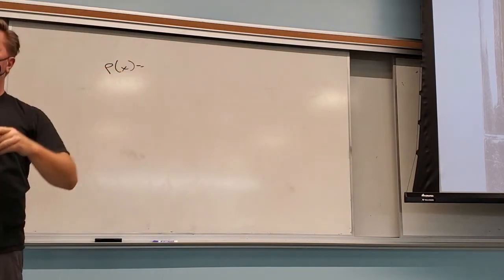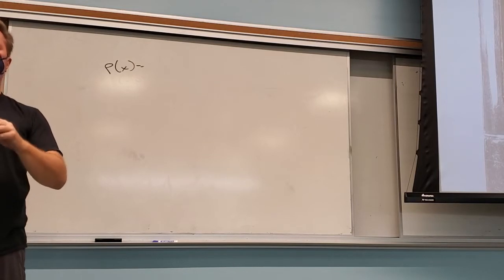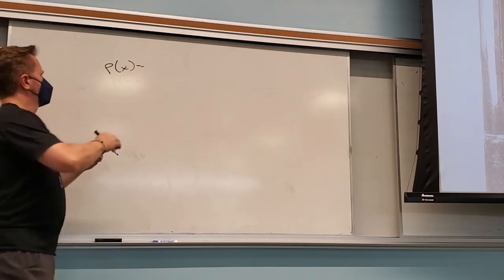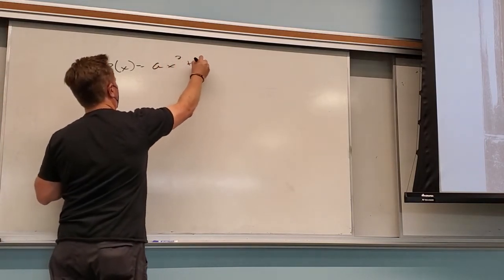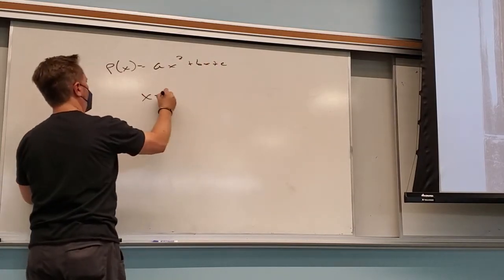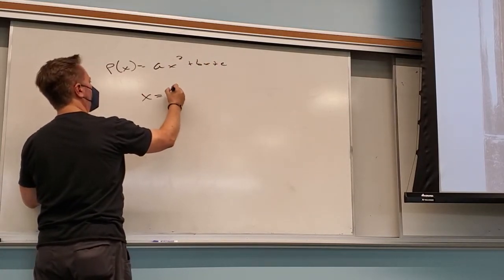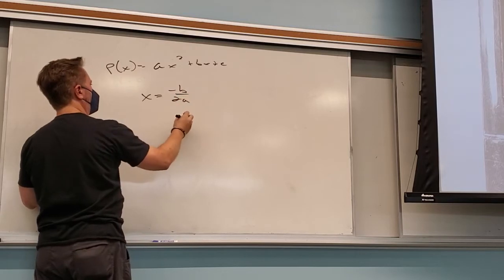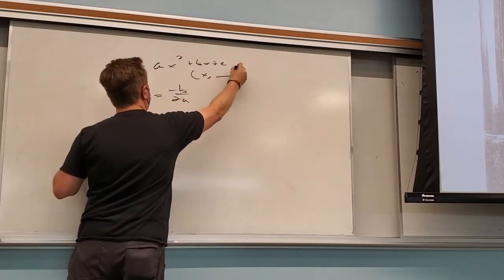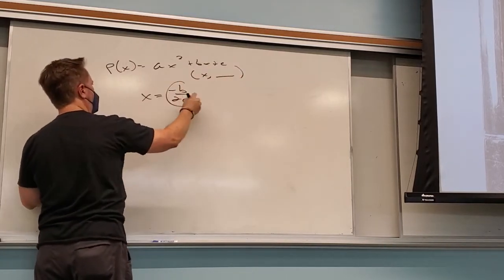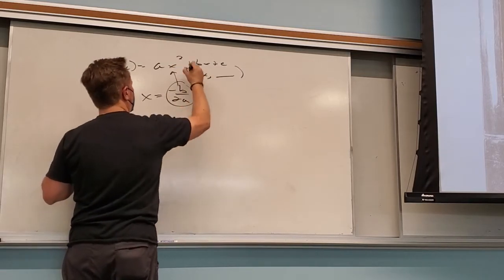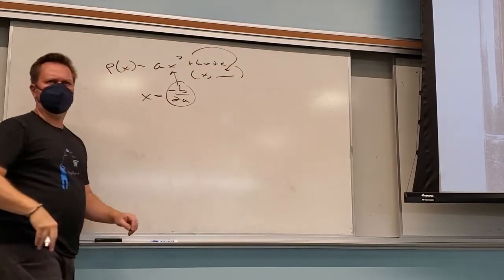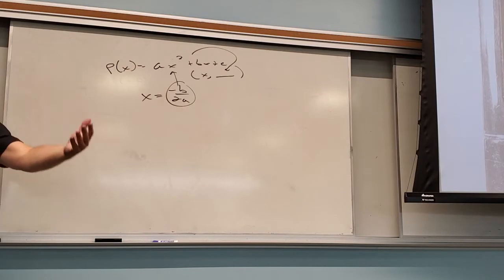Find the vertex, right? So what's the shortcut to find the vertex? Yeah, negative b over 2a. So that's the x piece. And then to figure out the y piece, I just plug this in. Anytime I have an x, I just plug it in to figure out the associated y.